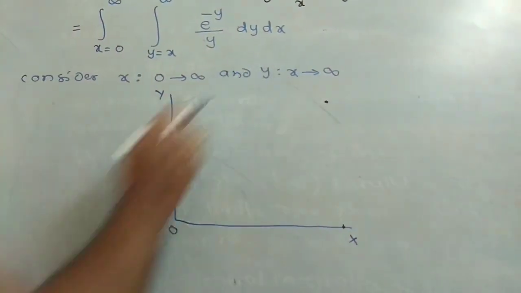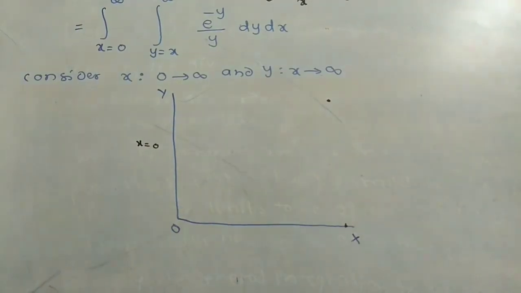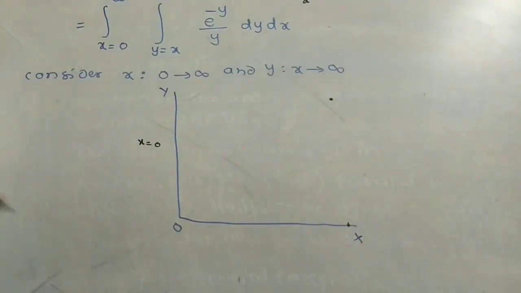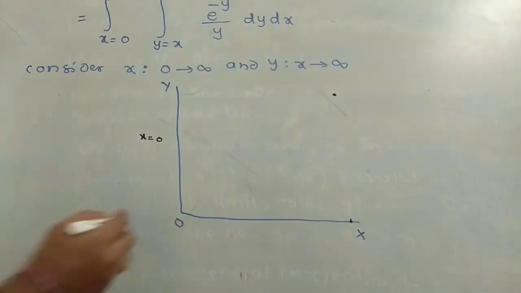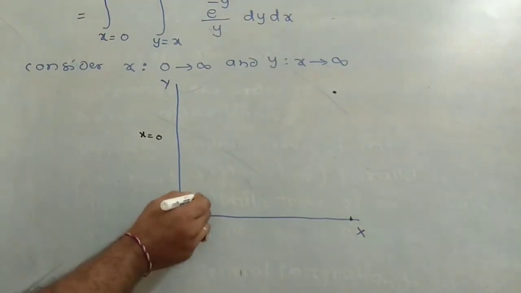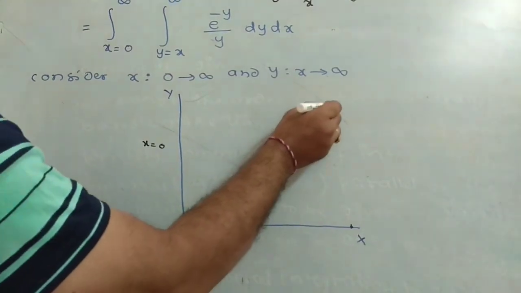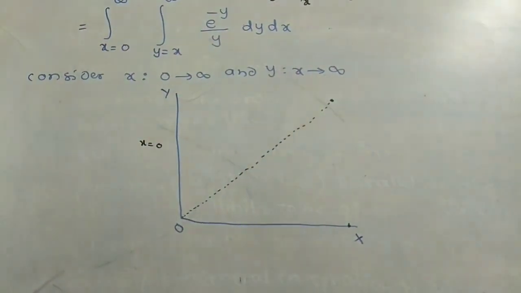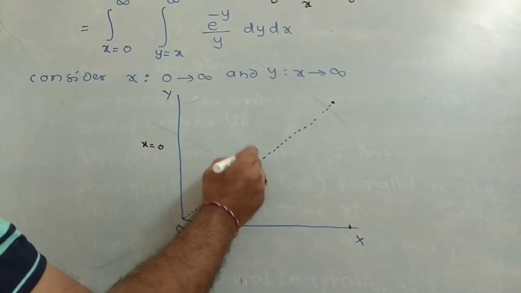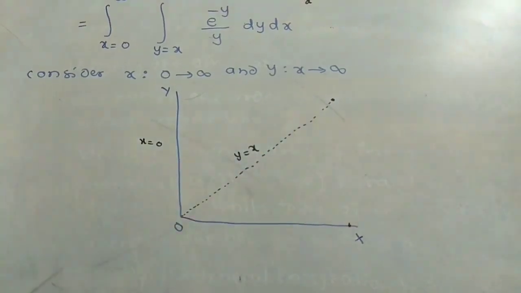What about y equal to x? Y equal to x is a straight line equation, passing through the origin. So you construct a line corresponding to this. This is your y equal to x, that is your line.